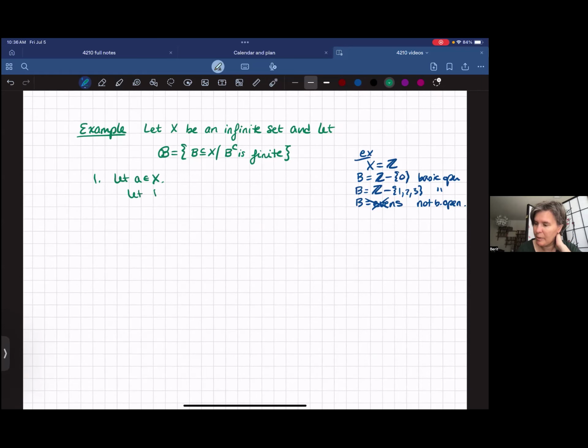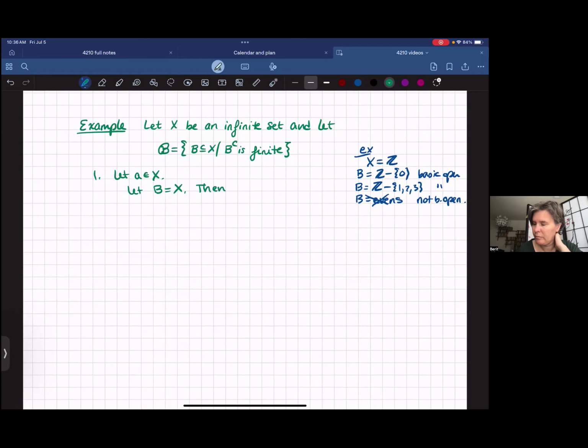Let's just let capital B be the whole set X. If capital B is the whole set X, what is the complement? The complement is the empty set, which is certainly finite. So the whole set X is a basic open set. And obviously, A is in it because A is in X. Okay? All right, so that's the first part of the definition.